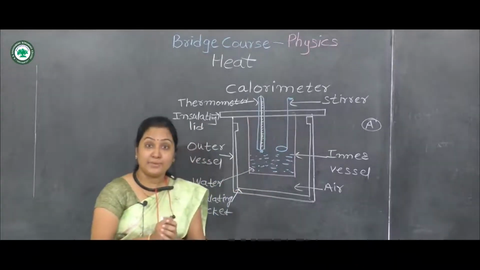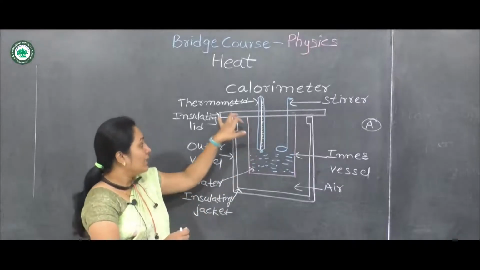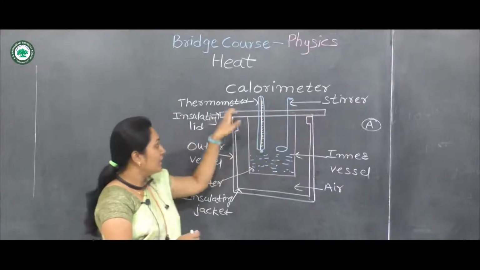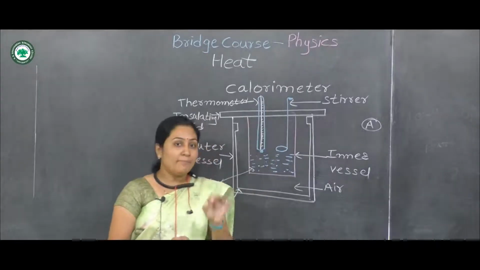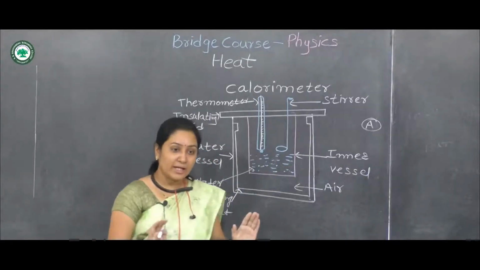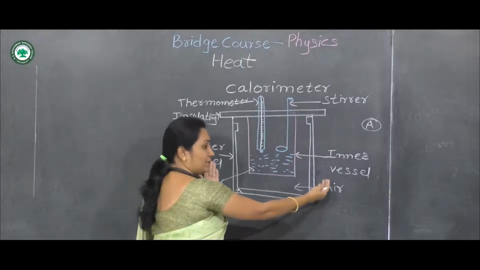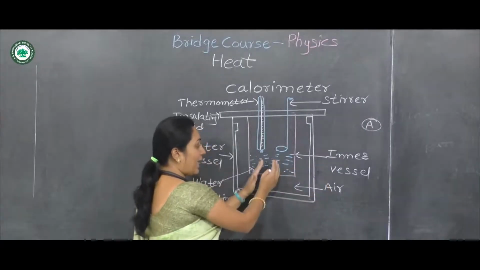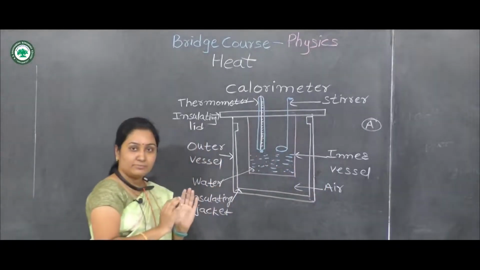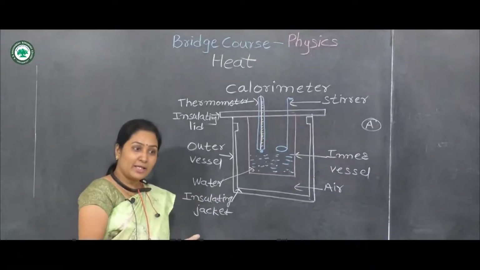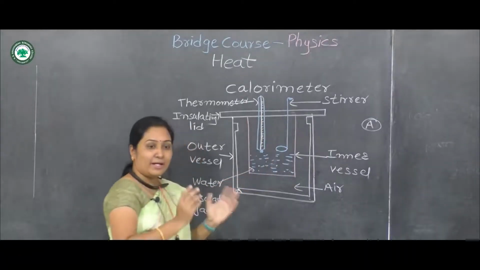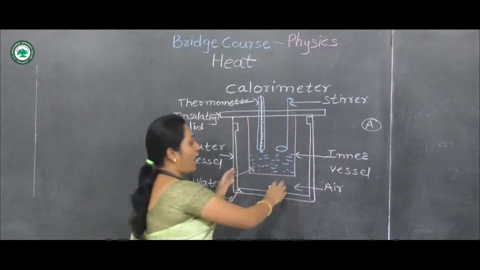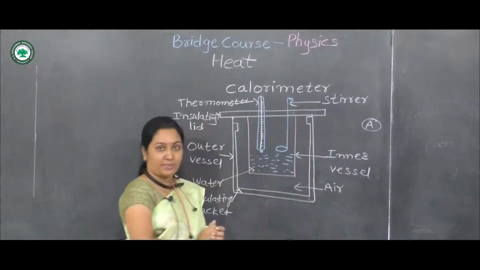Then this is closed. Here is the insulation to this calorimeter. The meaning is the heat from outside the calorimeter cannot come inside, and the heat which is inside the calorimeter cannot go outside.